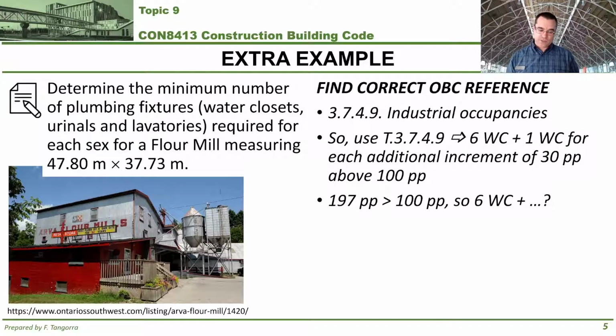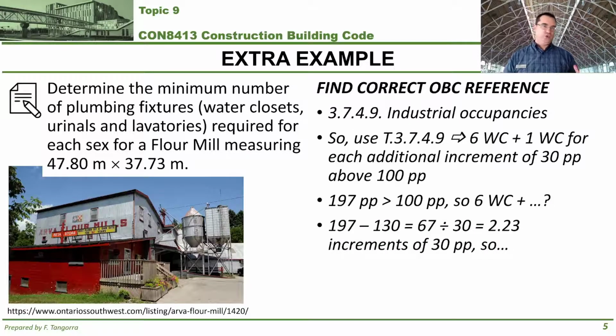That's more than 100, so it goes in the bottom row of this table. That means we're going to use 6 water closets plus, well, how many more do we add on top of that? You take 197 and you subtract 130. Then you take that number, 67, and you divide it by 30, which is the increment of people that is critical. You get 2.23, which tells you how many increments of 30 you have.